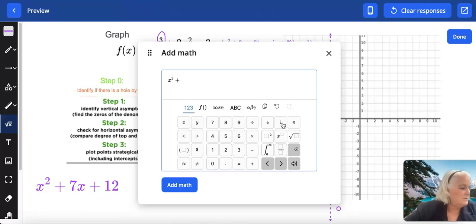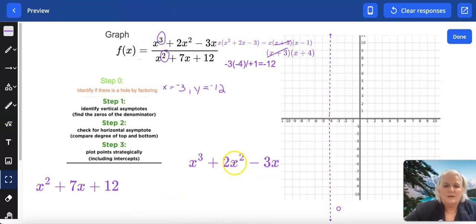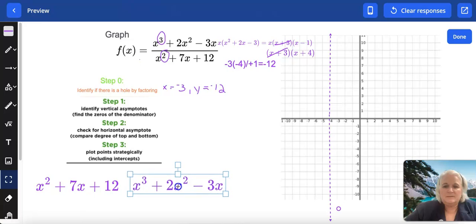I use the arrow to say that I'm coming down from the cubing.